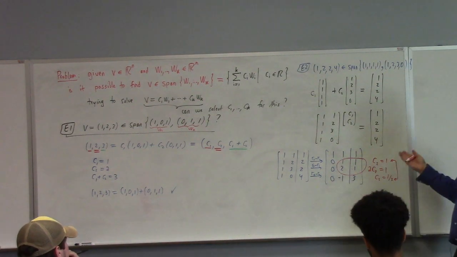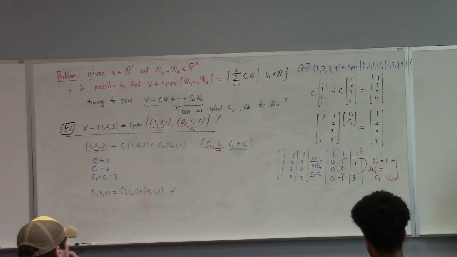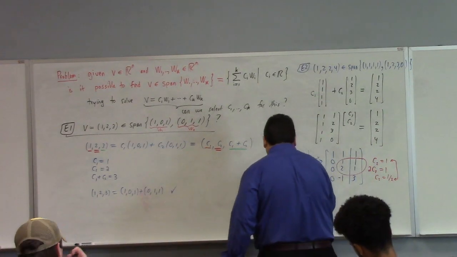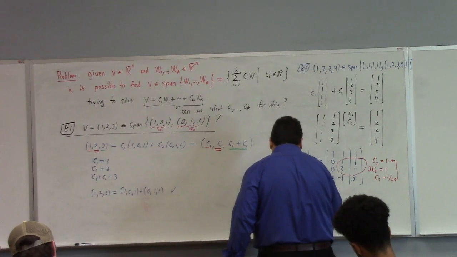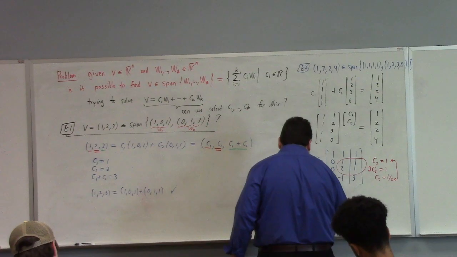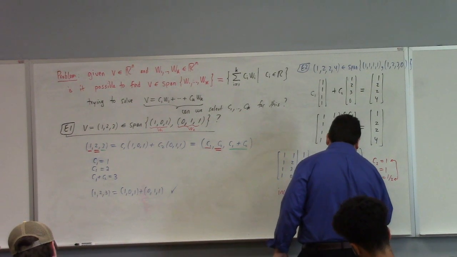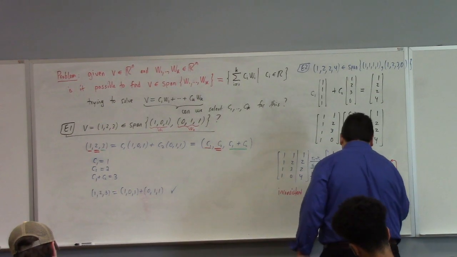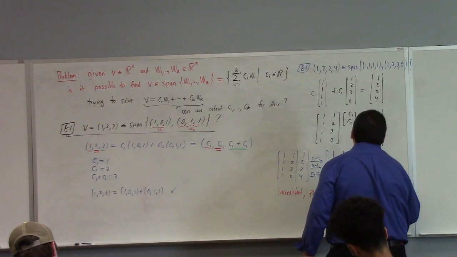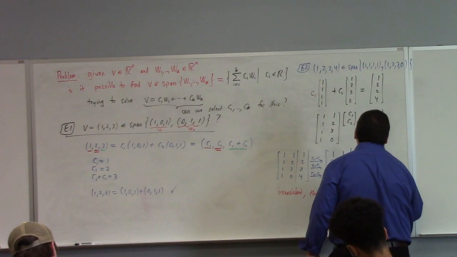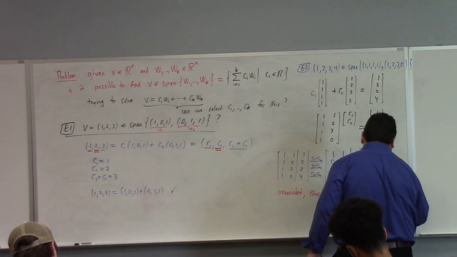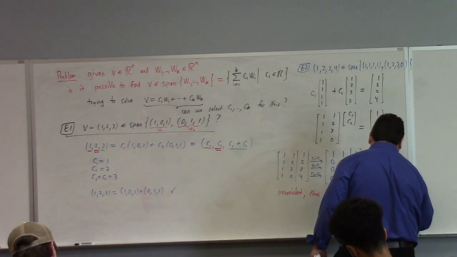We can't have C2 be both 1 and 1/2, which means that the system of equations is inconsistent. Thus, (1, 2, 2, 4) is not an element of the span of these vectors (1, 1, 1, 1) and (1, 2, 3, 0).